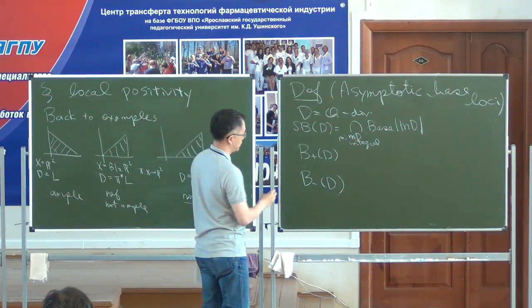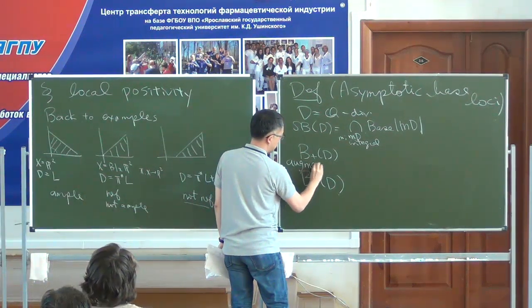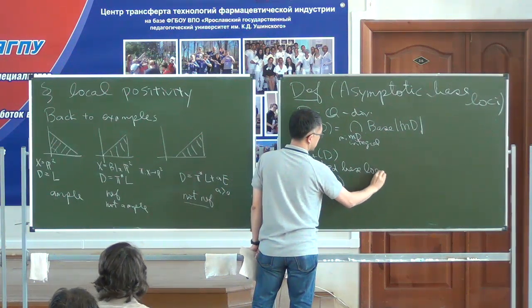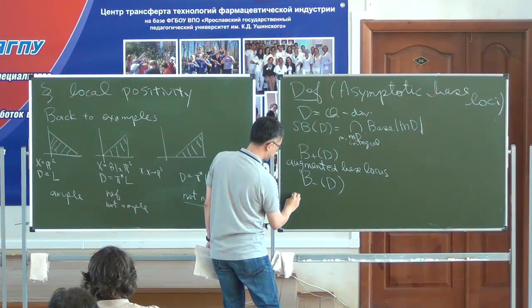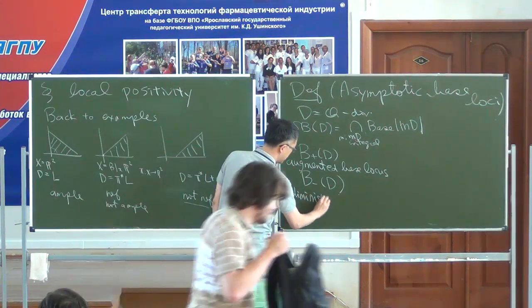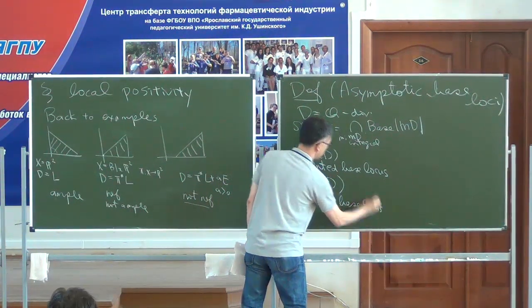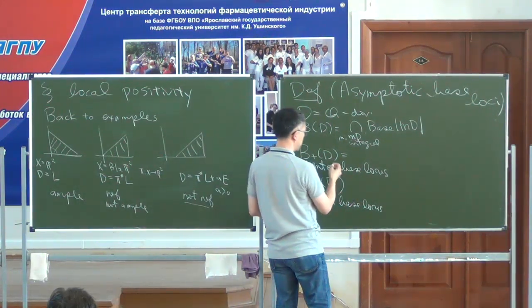The first one is called the augmented base locus, and B minus is called the diminished base locus. These two are dual to each other in some sense.